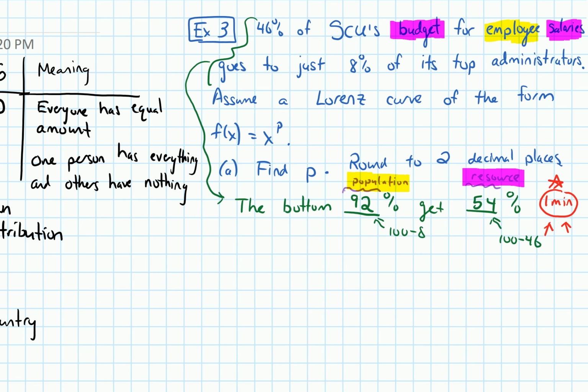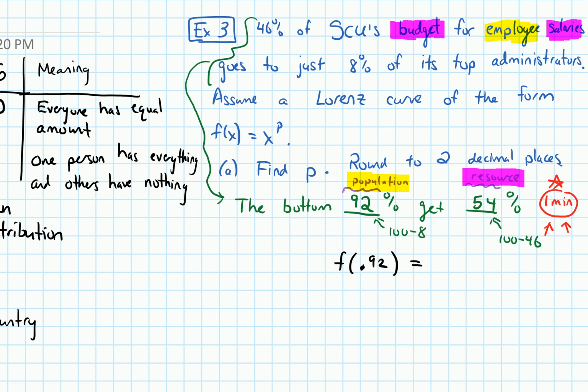All right, so I should be able to convert this now to a statement that looks like f of something equals something. So the bottom, whatever percentage of the population, goes inside the parentheses. I convert it to a decimal, and it becomes 0.92. And how much of the resource they get is the output.